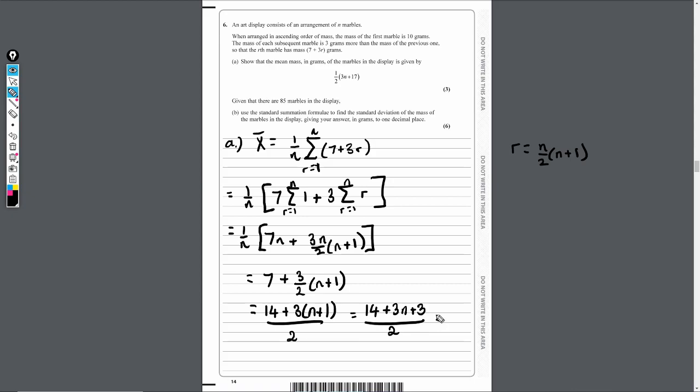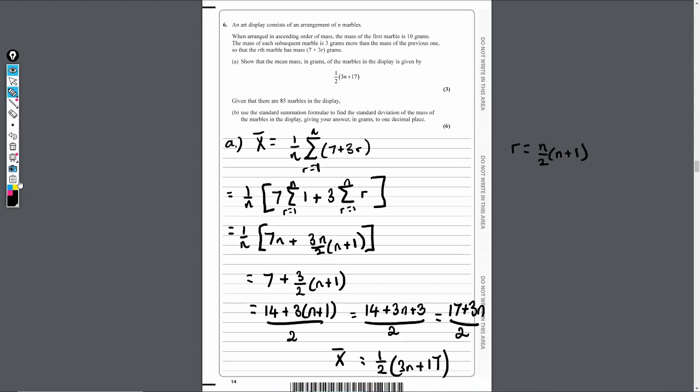Simplify that now, so that'd be 17 plus 3n over 2. And then finally, we can just apply this factor of a half to the front like this. This will be a half lots of (3n plus 17). So there we have it. So we've shown the mean of the marbles, x bar, is equal to a half times (3n plus 17). Okay, so that's part A done.